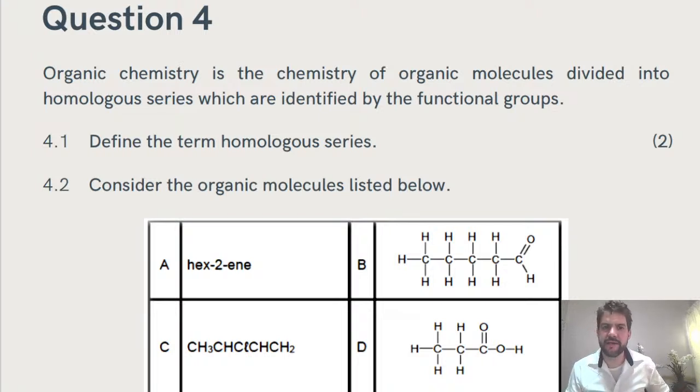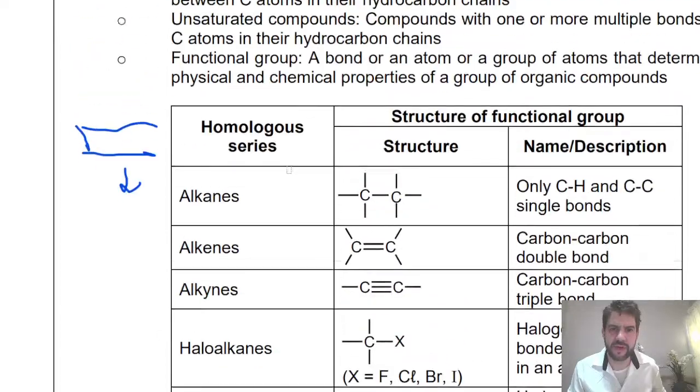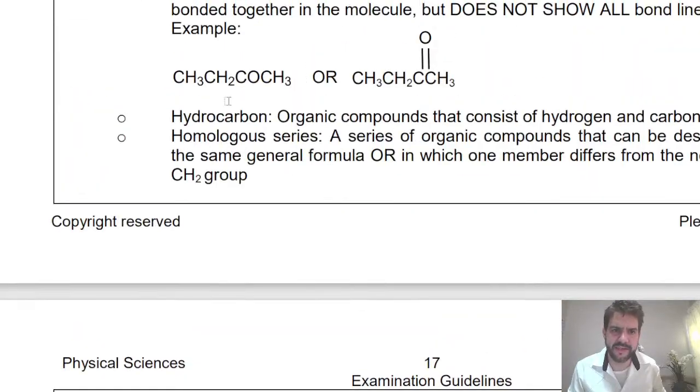The question says organic chemistry is the chemistry of organic molecules divided into homology series, which are identified by the functional group. Define the term homologous series. Now to get the homologous series, I'm not going to write it, but all you have to do is to come to the examination guideline. Here is the examination guideline. Remember, you are only allowed to write the definitions that are in the examination guideline.